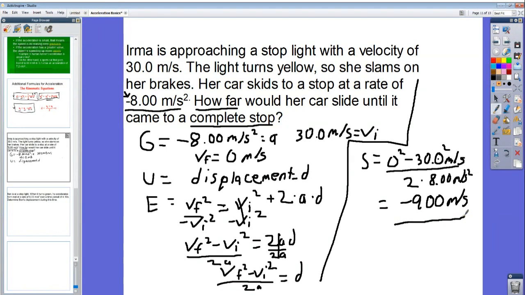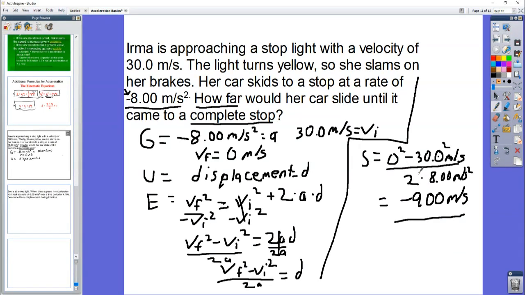divided by, ooh, I almost made a mistake here. It's a negative 8. 2 times negative 8 is negative 16 meters per second squared.